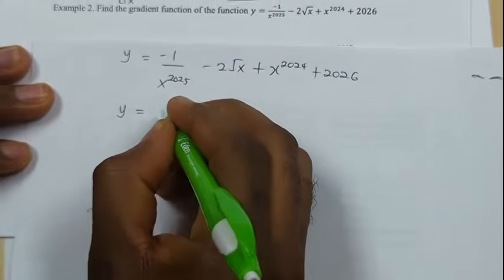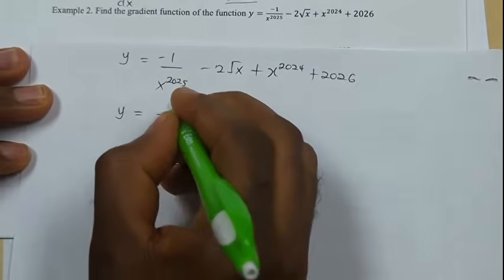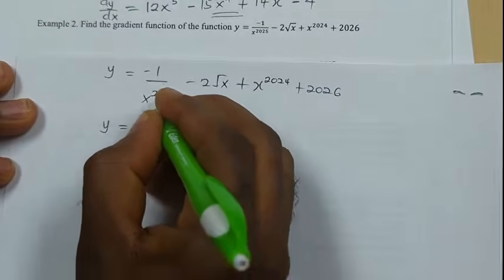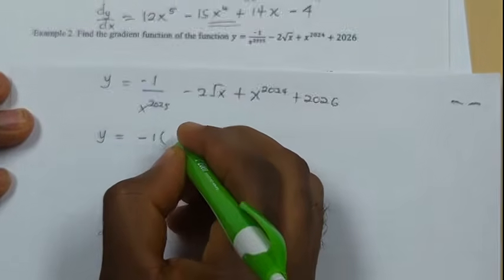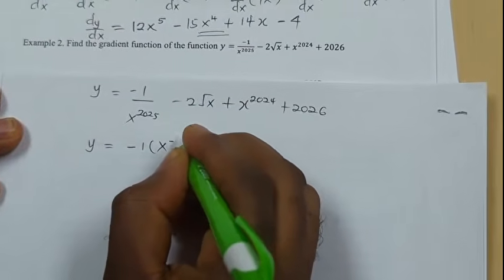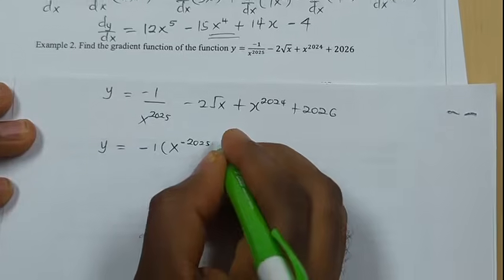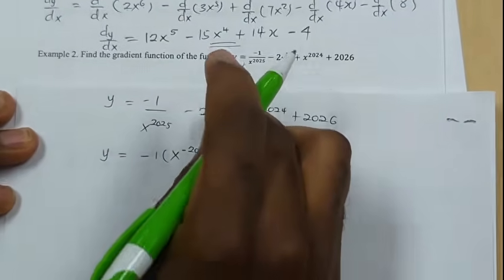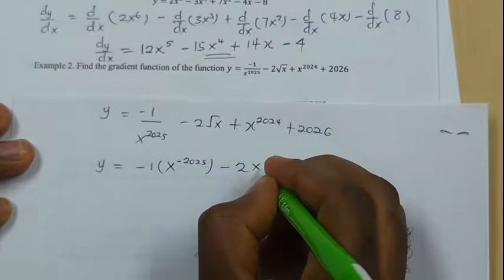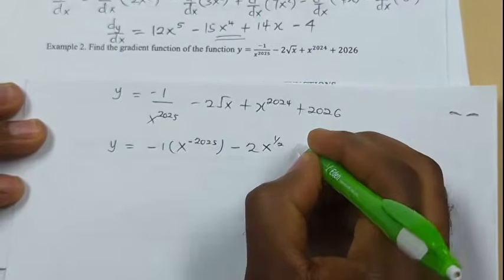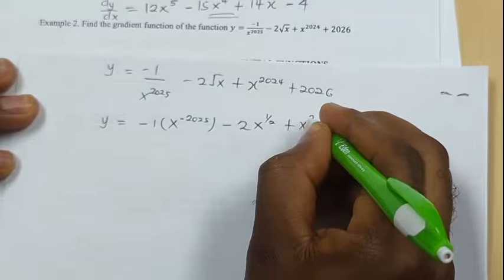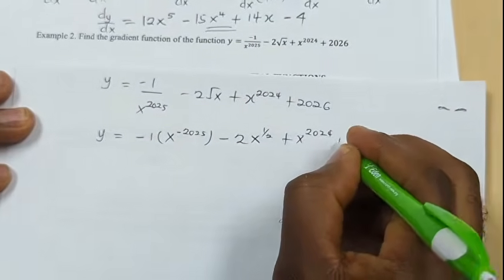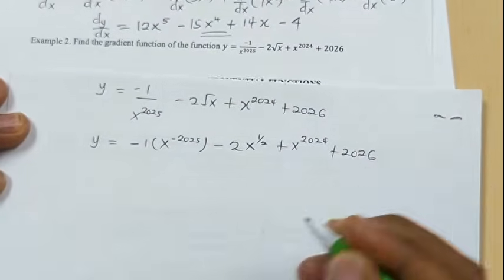So our y will be equal to negative 1 times, we can rewrite this using the laws of indices, x exponent negative 2025, then minus 2, we can rewrite this. Remember we said this will be x exponent half, then plus x exponent 2024, then plus 2026.